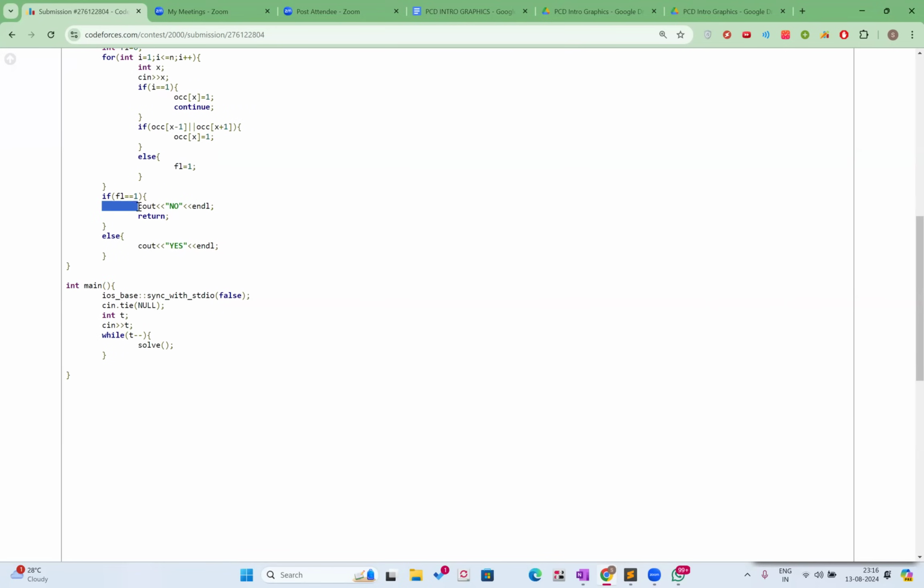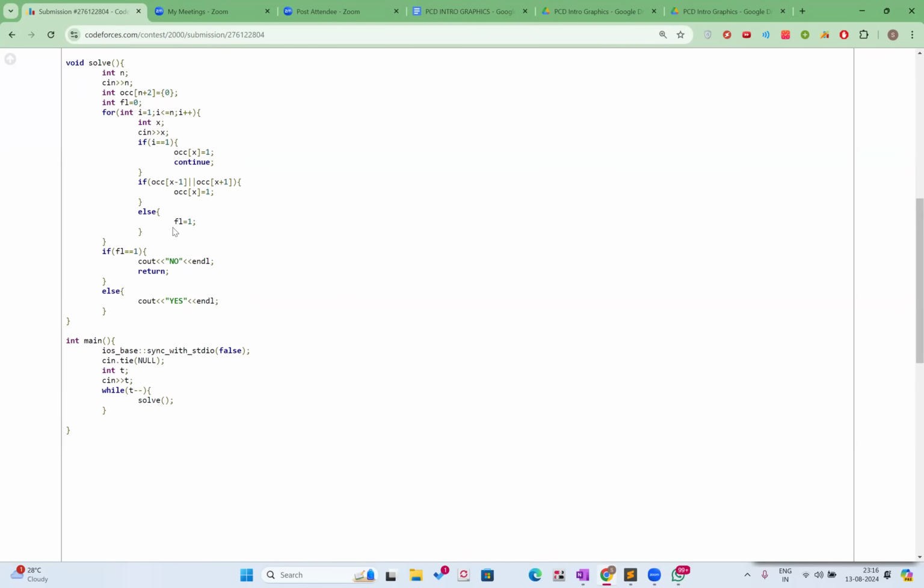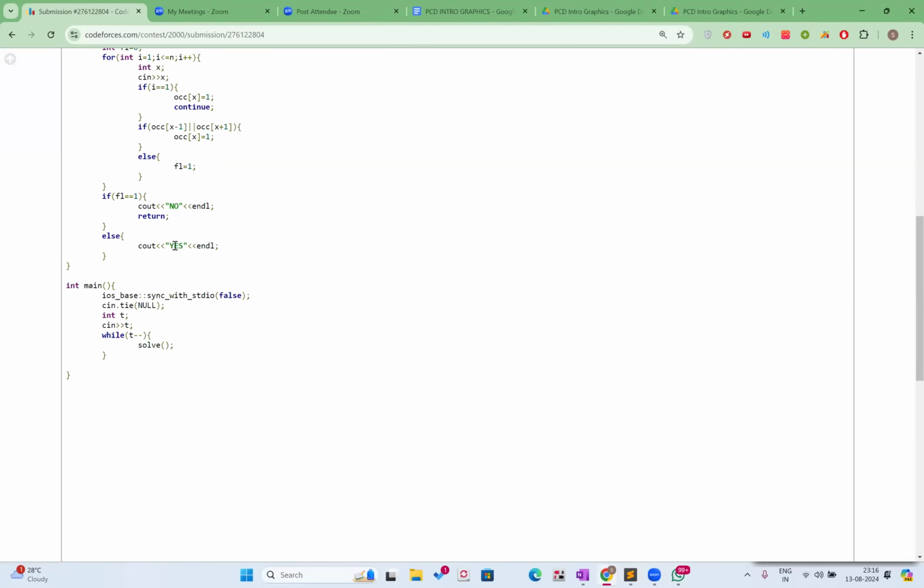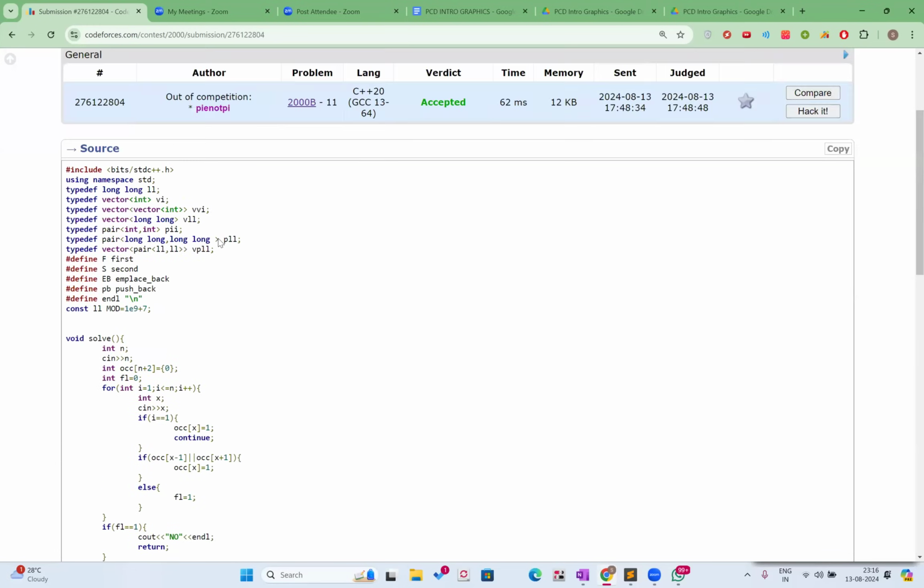If flag was marked as 1 after the loop completes, then obviously the answer will be no. Otherwise, yes. So if flag was not marked 1 for any of the passengers, then that's fine and I'll print yes. This is a valid arrangement.